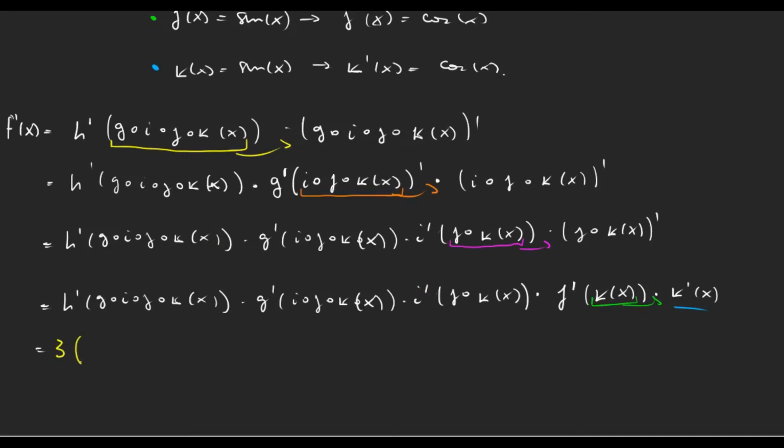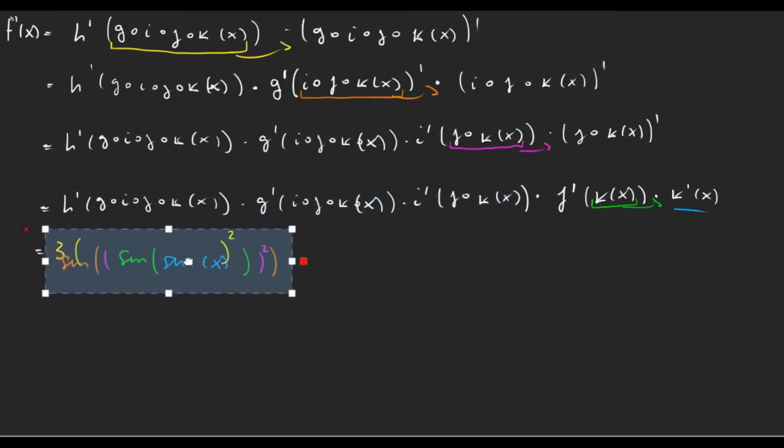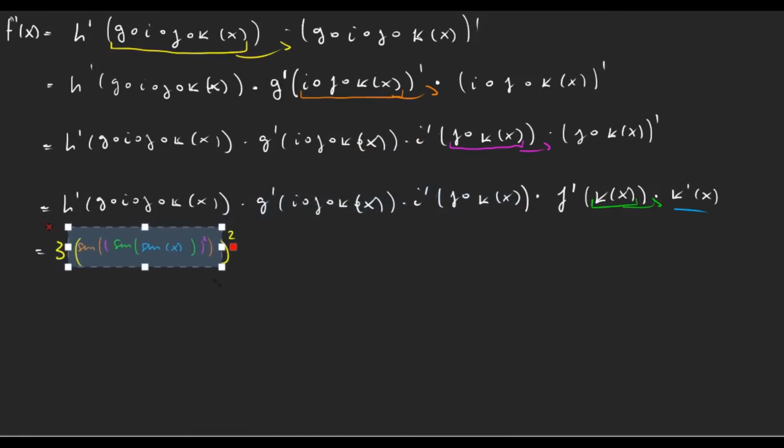So it is 3x squared. So 3 times something squared. And that something is going to be g composed with i, composed with j, composed with k. And that is exactly what we have here. Let me just make this a bit smaller.